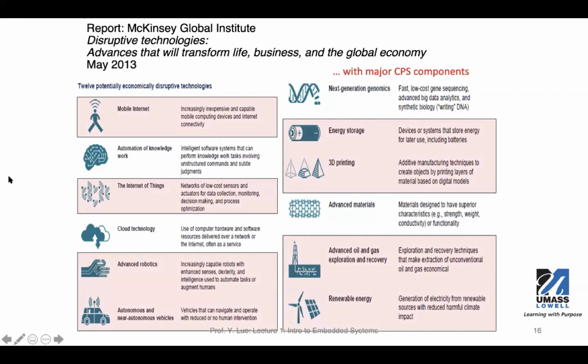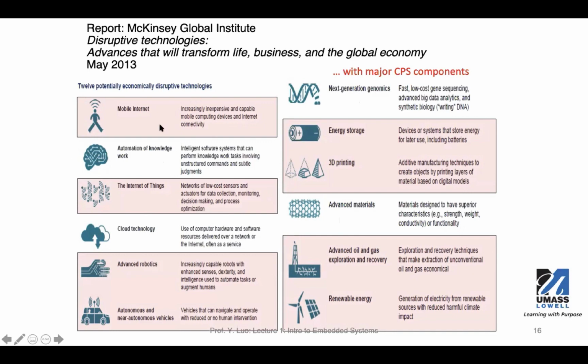The things that are not highlighted here are the automation of knowledge work, cloud technology, advanced materials, and next generation genomics. Those are probably more on the high performance computation side, neural networks, machine learning. But the other ones that are highlighted here all have major CPS components with them.